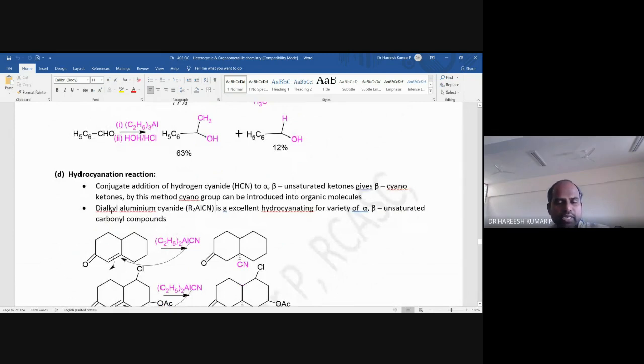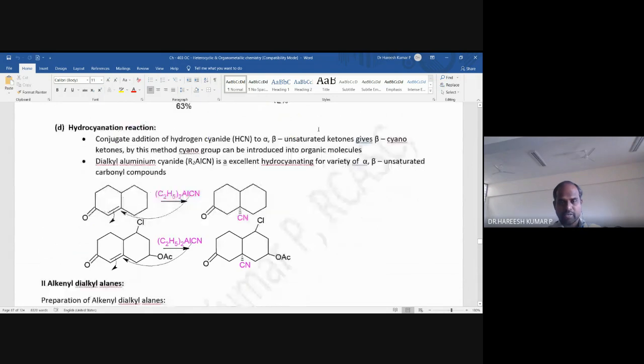Hydrocyanation means here hydrogen as well as cyanide group is added to the double bond, so it is called hydrocyanation. There are questions on this: what is hydrocyanation? Then you can explain about this.